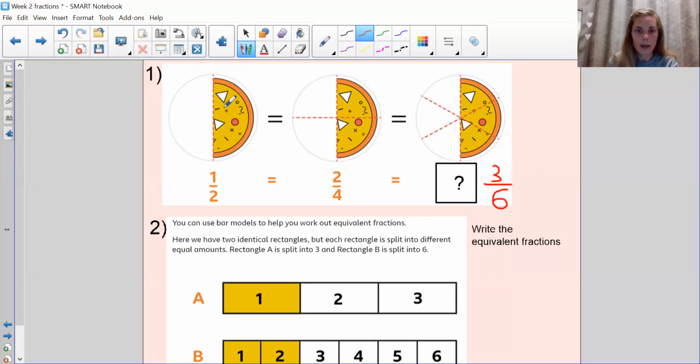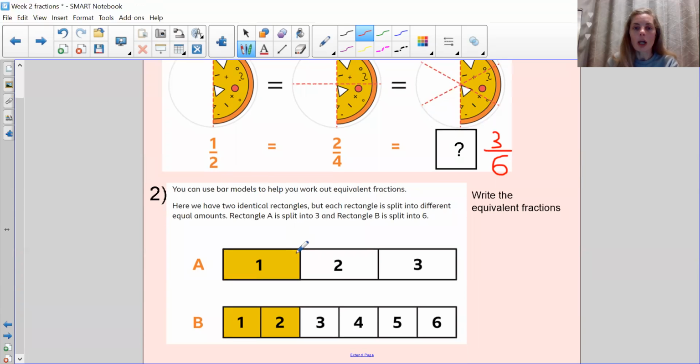Here I have a half, 1 piece out of the 2. Here I have 2/4, 2 pieces out of the 4. And here I have 3/6, 3 pieces out of the 6. So all of these are equivalent fractions to one another. A half is equal to 2/4, which is equal to 3/6. 3/6 is equal to a half.